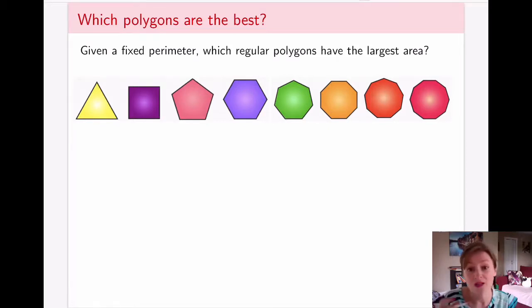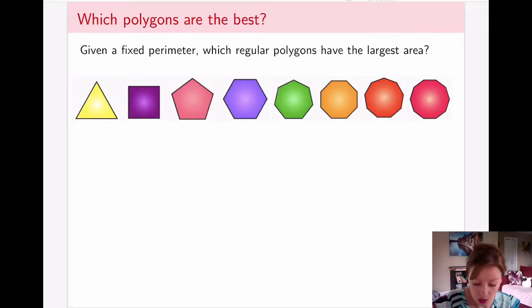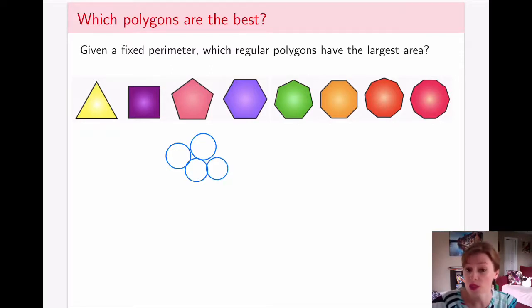Circles, while they are the most efficient in terms of area for the perimeter, are terrible at packing, right? So if I did have a bunch of circles, you'll notice that I'm actually wasting quite a bit of space because there is going to be inevitably space between them that I'm not covering. So I'm losing out my field area by having these gaps between the circles.